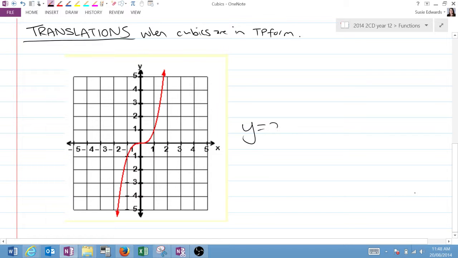So this is what y equals x cubed looks like. It goes through 0, 0. That's going to be our comparison, okay?